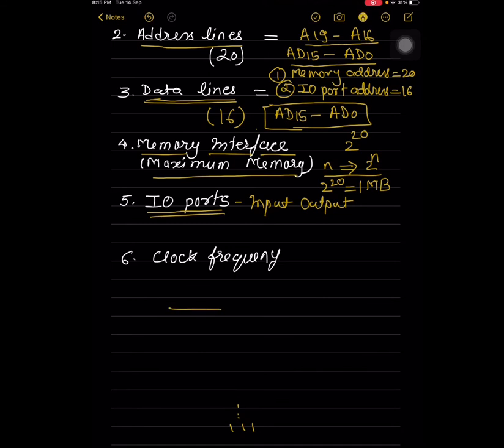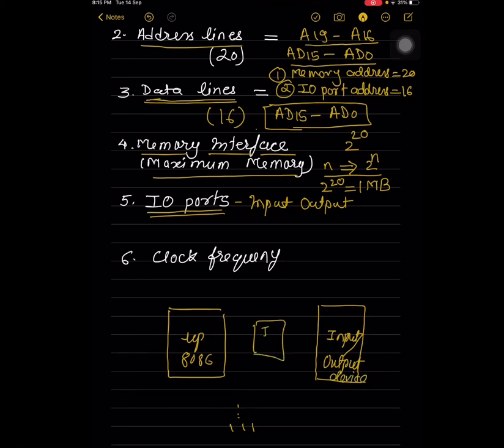For example, if the 8086 microprocessor is connected with any input or output device, then it is always connected through an input output port. So the input output port provides a platform for the input output device.